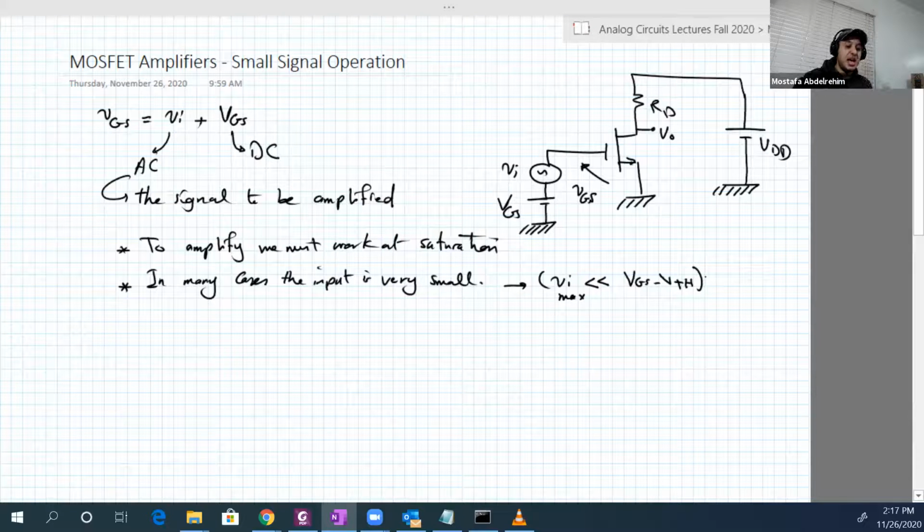So let's see how the circuit will behave under that condition, if it's really very small. Okay, good.